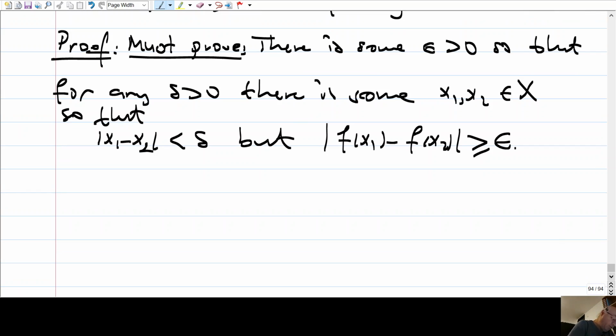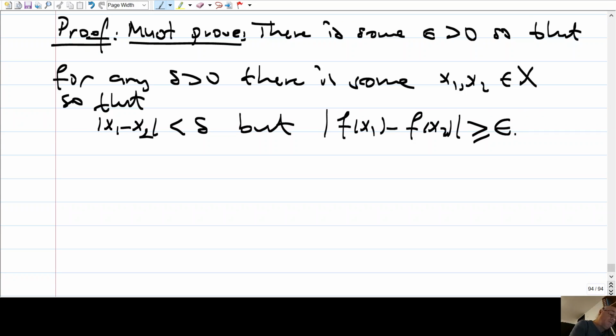But before I continue, let me show you why this is actually easy to see on the graph. Recall the graph of f, the function f of x equals x squared.